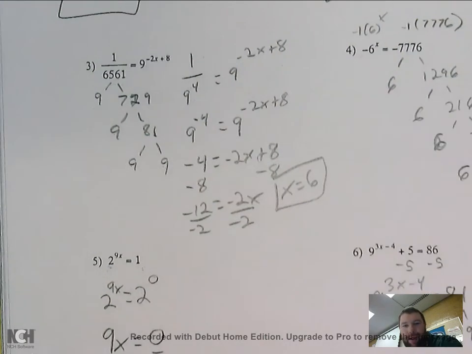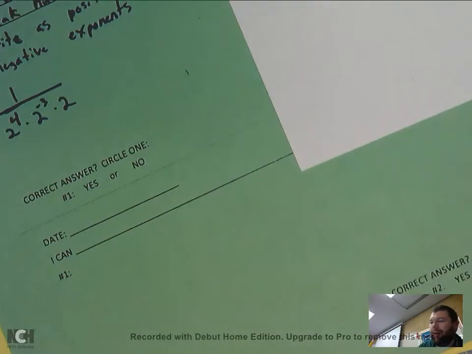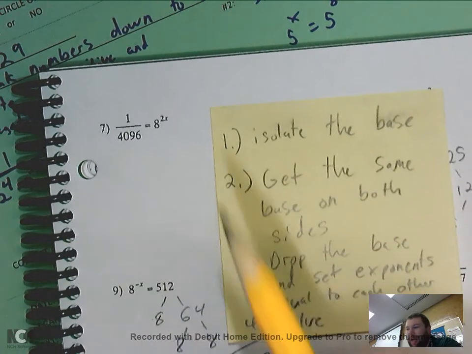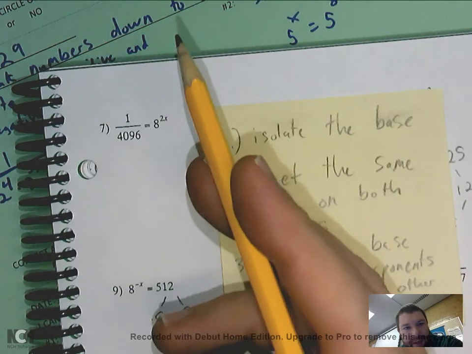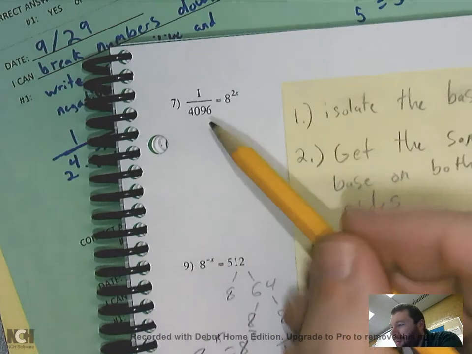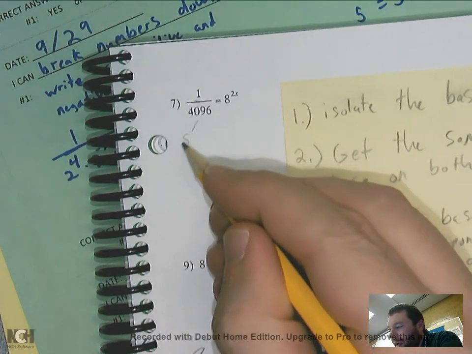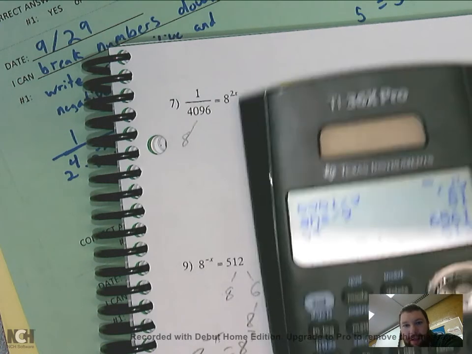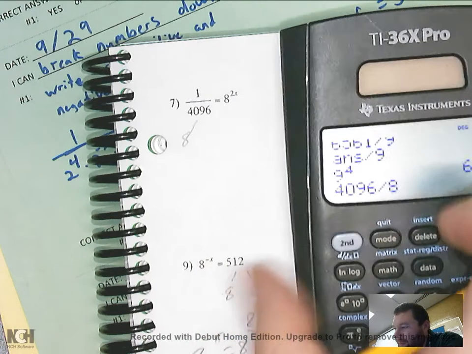The beauty of technology. Now let's look at our other fractiony problems. They're going to be pretty much the same. You're going to get them down to the base first, then move them upstairs by changing the sign of the exponent, and then setting the exponents equal to each other, basically. So this one, I'm trying to get to a base of 8. So I'm going to divide by 8. 4,096 divided by 8 is going to be 512.